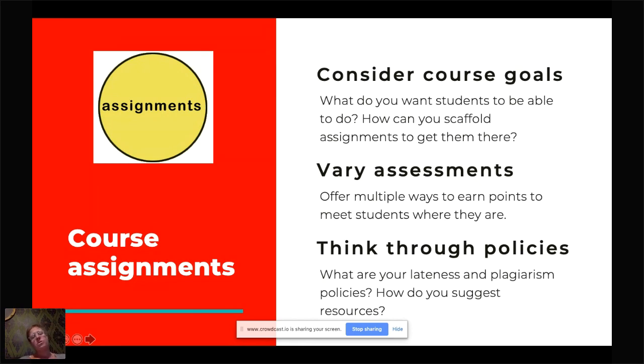And then finally, when you're working on course assignments, think about how you suggest resources, and make sure that all students are informed about things like the writing center, tutoring, stuff that can help them. So thinking about writing, I teach at a public school where people come from a huge range of backgrounds. Some have been given lots of opportunities to work on their writing for their entire educational career, and others very, very little.